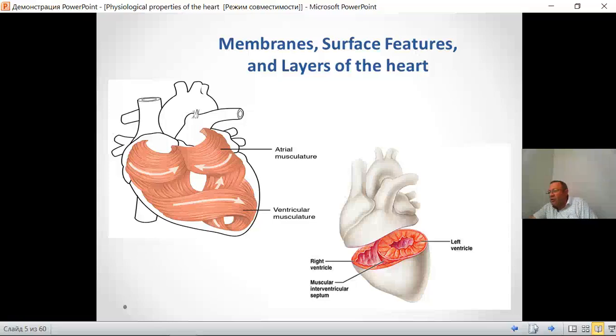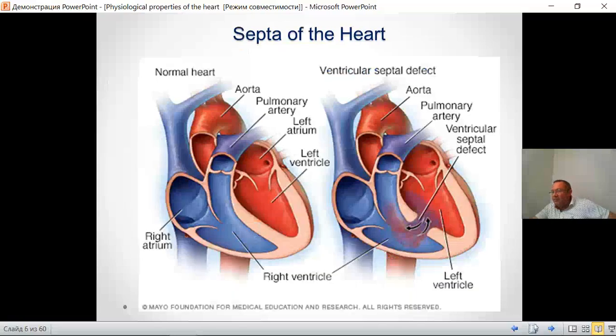The foramen ovale allowed blood in the fetus to pass directly from the right atrium to the left atrium, allowing some blood to bypass the pulmonary circuit.